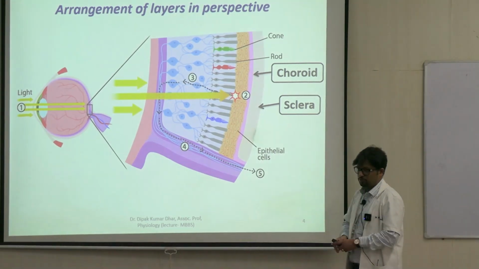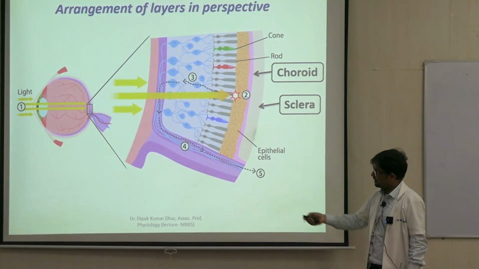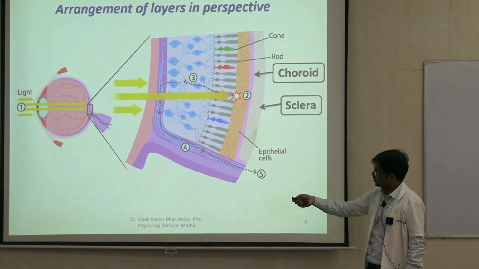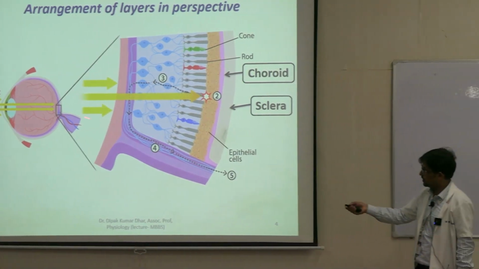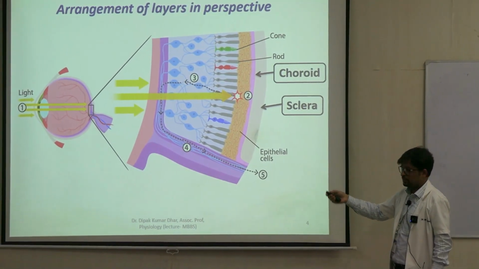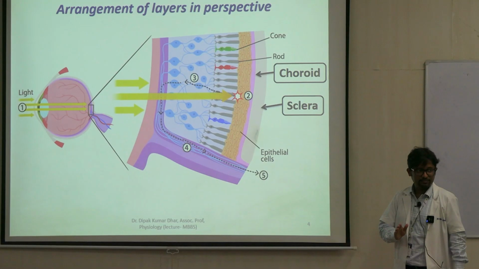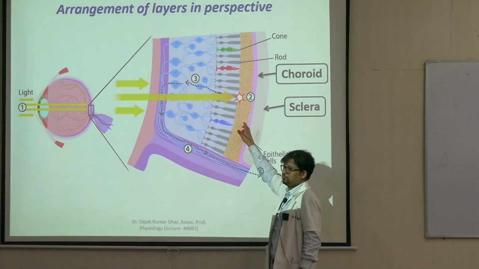Now light, when it is to travel, light will come from the front, right? Light will come from this direction, it will cross the cornea, lens, right? Then the vitreous humor, and finally light will travel the retina like this. So light travelling direction is from the last layers to the layer number 1 here.